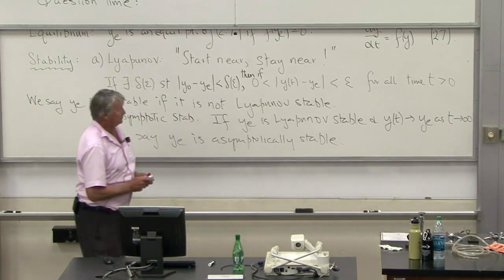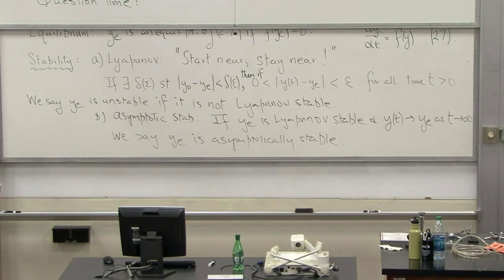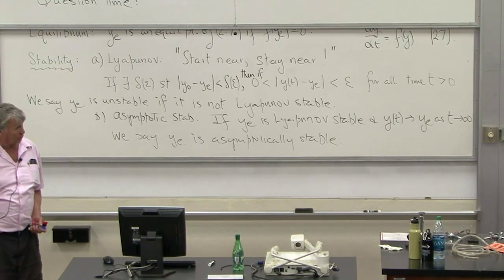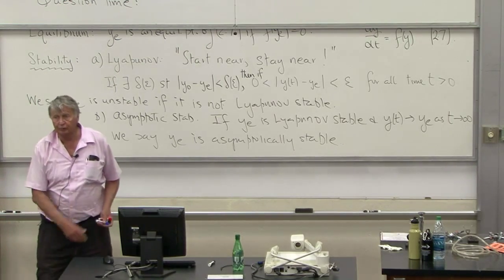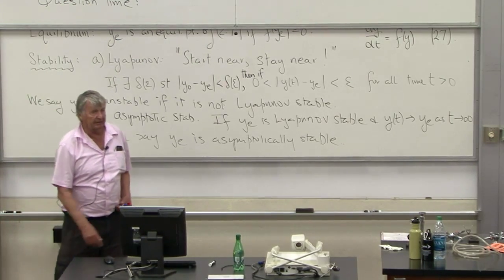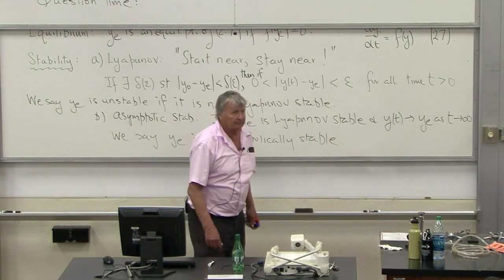Okay. In our cases, all the examples we've looked at, every stable point is asymptotically stable because you always go back to the equilibrium. But it won't be true for all examples we meet in various dynamical systems.